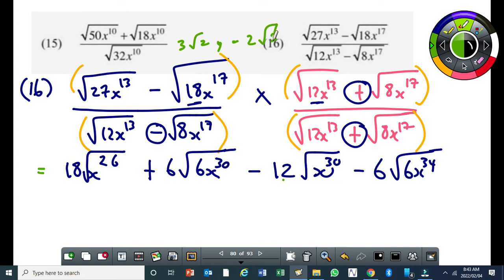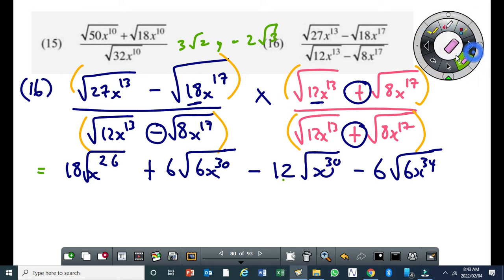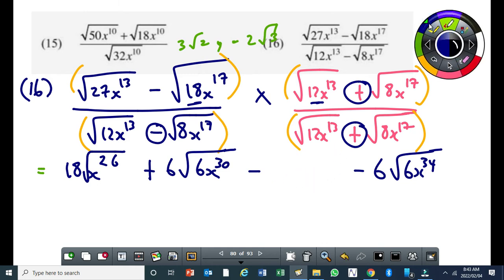What about this one? That's the other one. Okay, so if I multiply this 3 by 2 negative 6, then square root of 2 times square root of 3, I'll get a 6. Okay. Change that. That's why I don't like this set. Alright, so you get 6 times the square root of 6x to the power of 30.